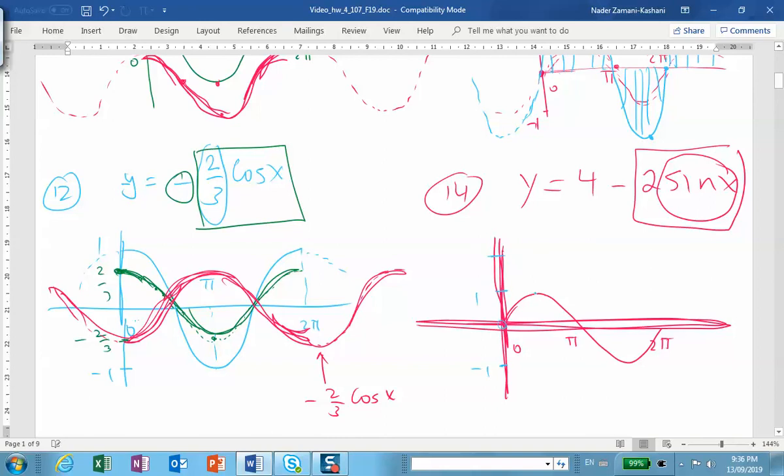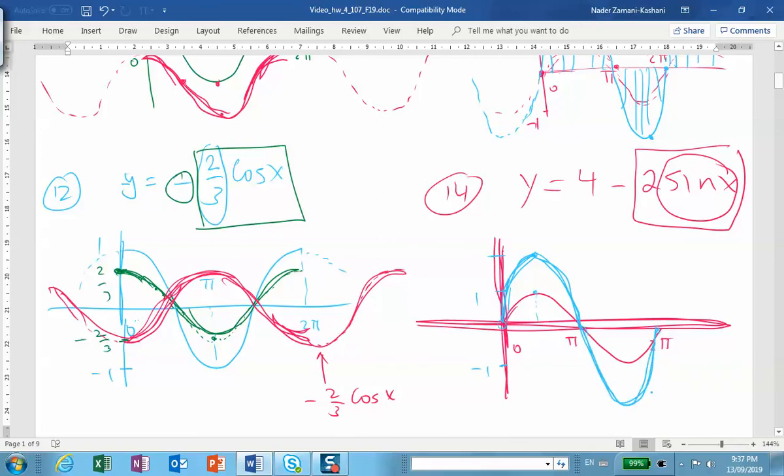It goes to height 2. Okay. So the 2 sine of x is going to look like this. It's just like sine of x, except that everything is stretched by a factor of 2. So this blue one right here is 2 sine of x.